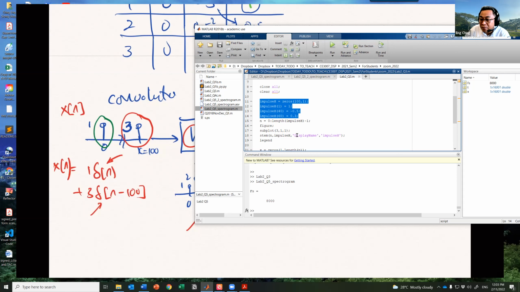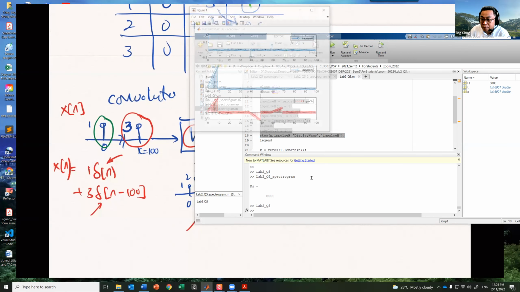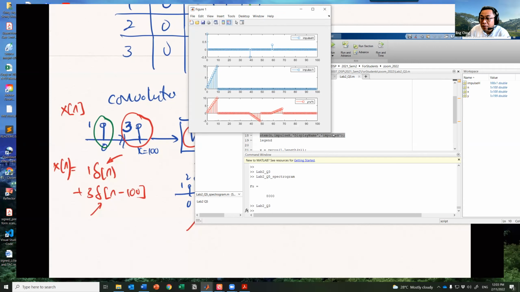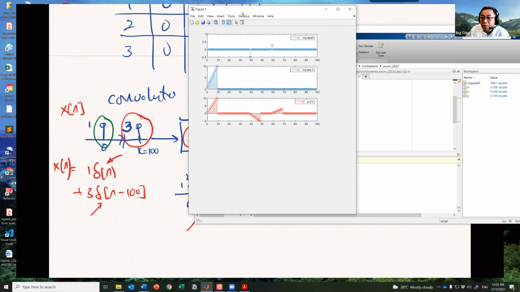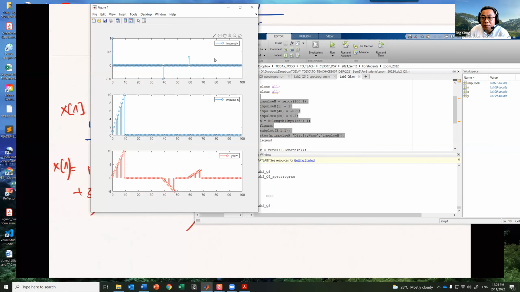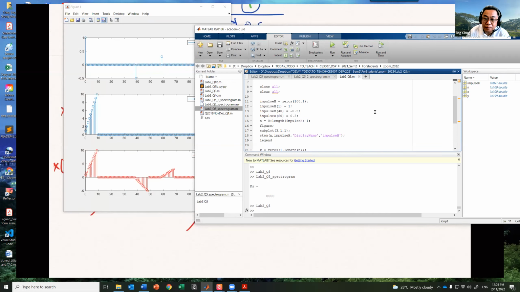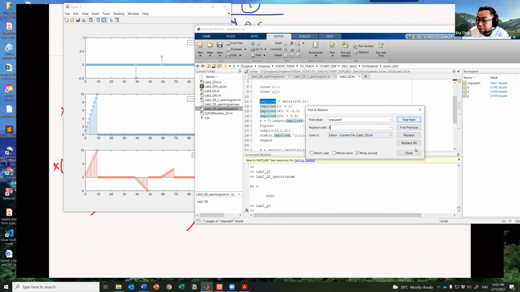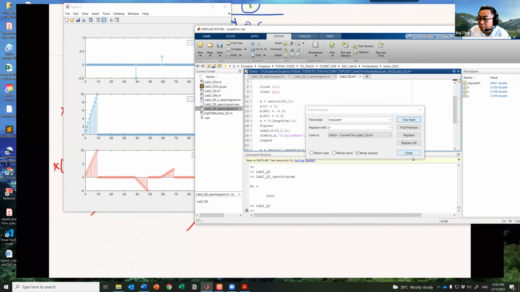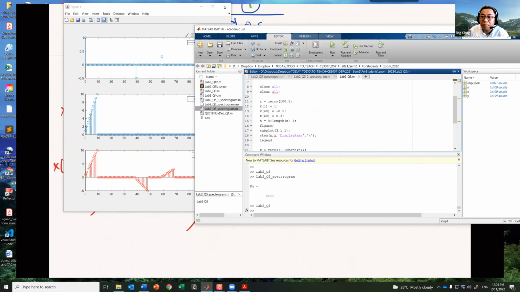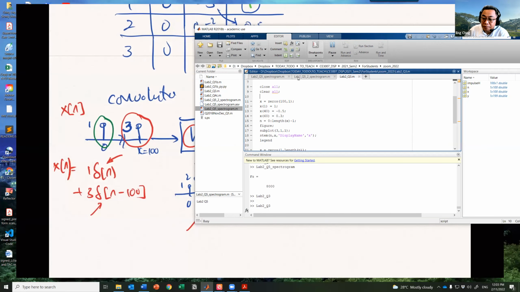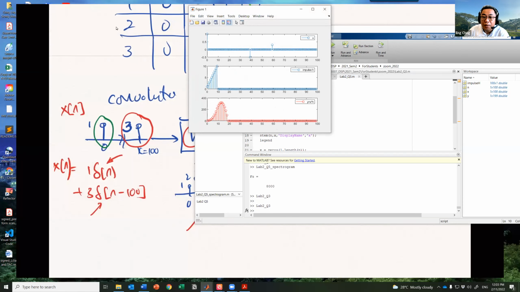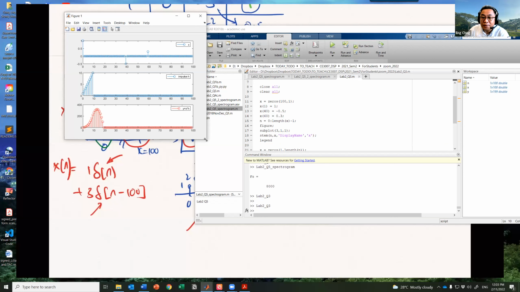So I'm going to plot the impulse response that looks like this. I call the blue line X, the input.